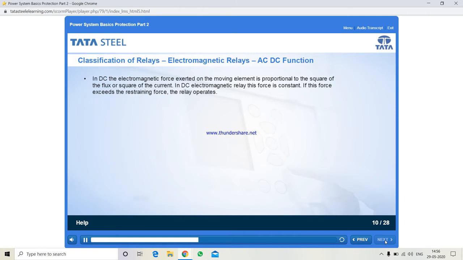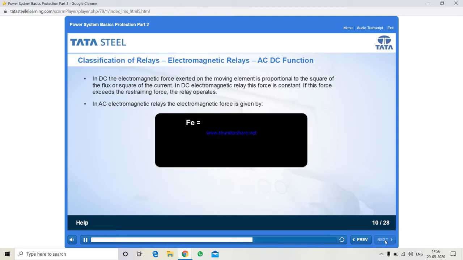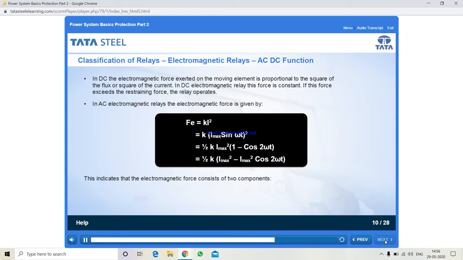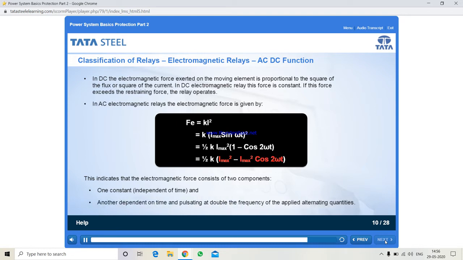If this force exceeds the restraining force, the relay operates. However, in AC electromagnetic relays, the electromagnetic force is given by this formula. This indicates that the electromagnetic force consists of 2 components, one constant and independent of time, and another dependent on time and pulsating at double the frequency of the applied alternating quantities.